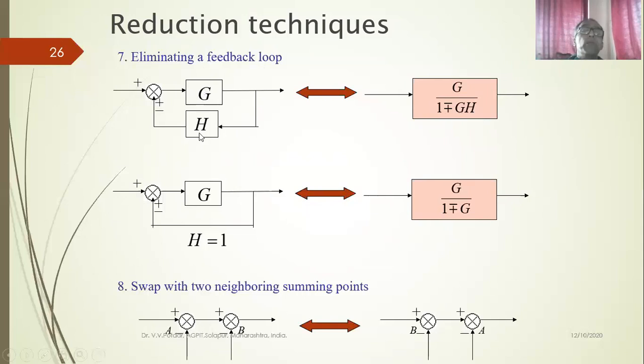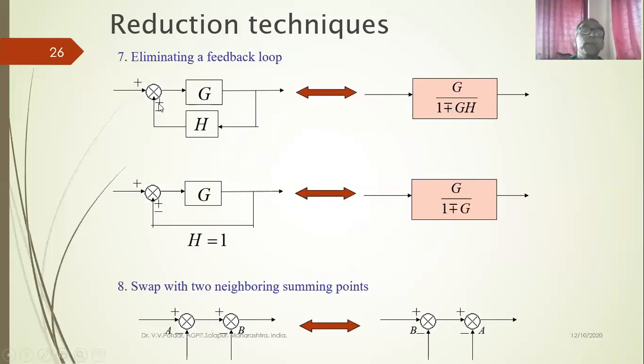The canonical form of this feedback loop. I want to convert this into a single block. What do I need to do? Two blocks are removed and a single block is placed: forward block element G upon 1 minus or plus. Why minus or plus?